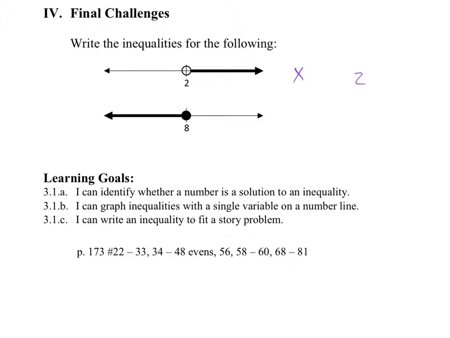Yep. So we know it's less than or greater than, so we just have to figure out the numbers that are included. So this number here maybe is a 5. Is 5 greater than 2 or less than 2? So you agree it'll be greater than? Or you could say my x is on the left. This arrow is pointing to the right, so you'd do your arrow that points to the right. You could do that too, if you wanted to.